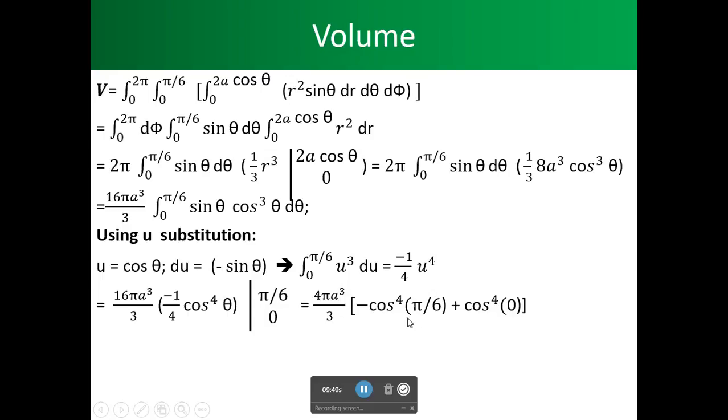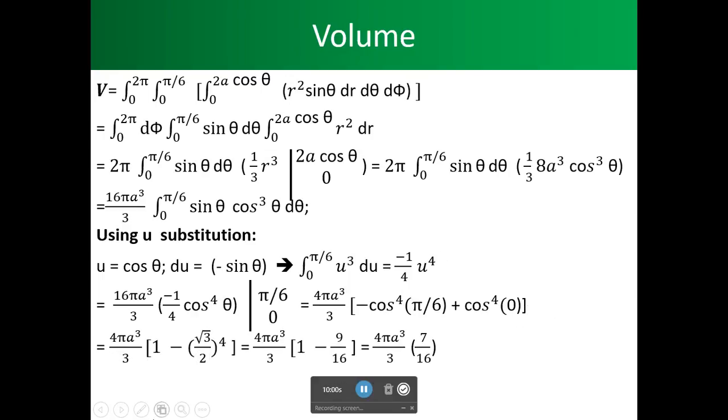We're taking that limit here as minus cosine to the 4th power of pi over 6 plus the 4th power at 0. We know that at 0, it's 1. So we know we have to keep that term. And then we have our constant out front. And as we said, this will be 1 minus, this is root 3 over 2 to the 4th power.